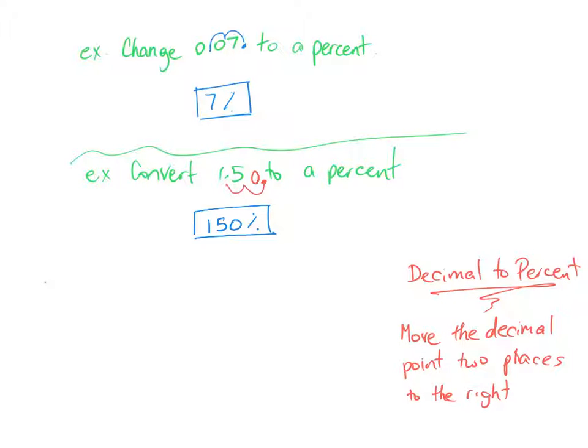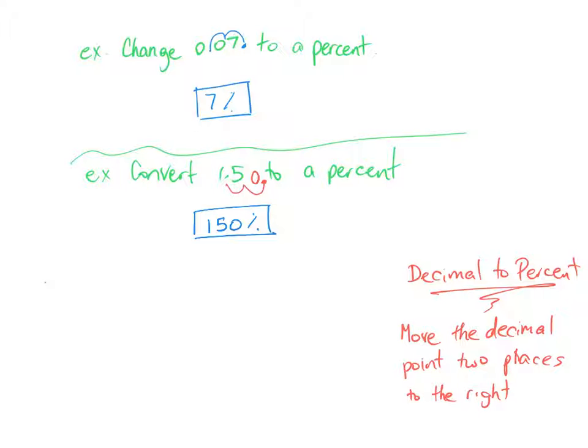So I did promise you that I would briefly talk about how to turn fractions into percents. In order to turn a fraction into a percent, you should recall that you already know how to turn a fraction into a decimal. If you don't, definitely go to my video on changing fractions into decimals.